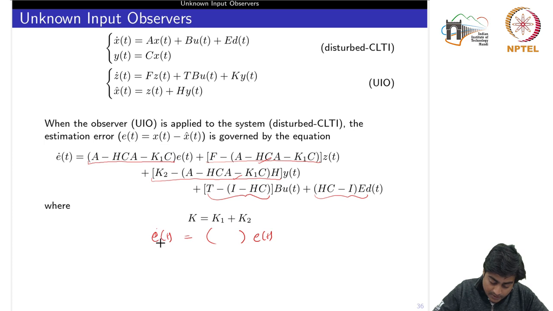Meaning to say that the error dynamics are now completely decoupled from the external disturbances.